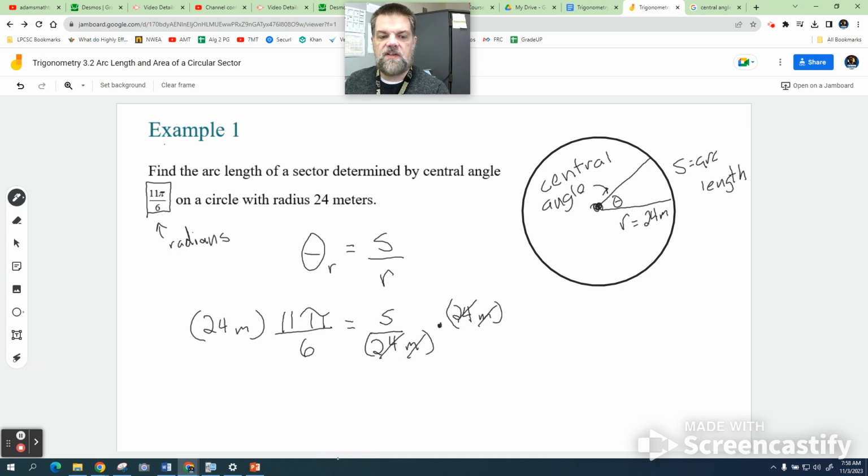Meters divided by meters is 1. So I get s is equal to all this stuff over here. Also remember that 24 divided by 6 reduces down to 4 over 1. So 4 times 11 is 44. We want to leave the pi in there, and that's it.